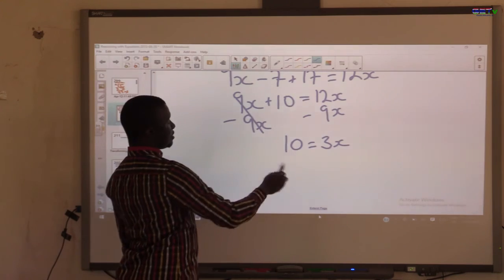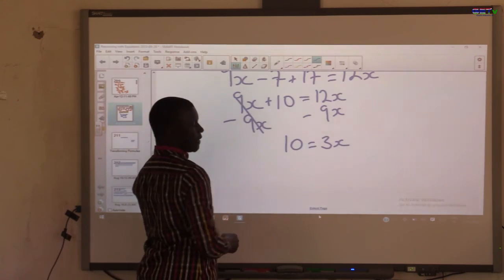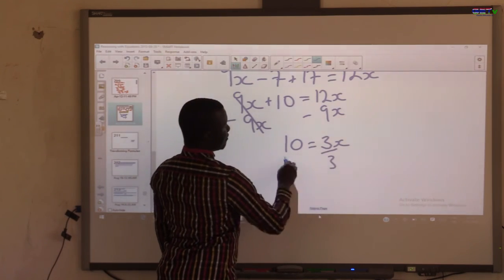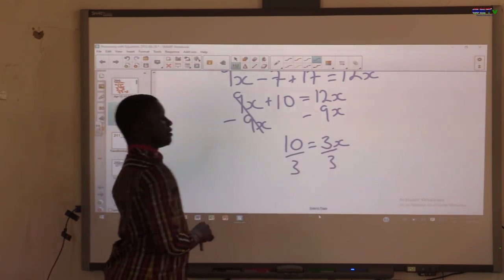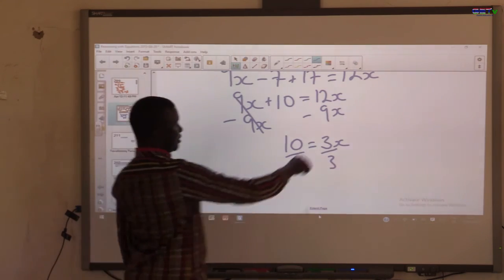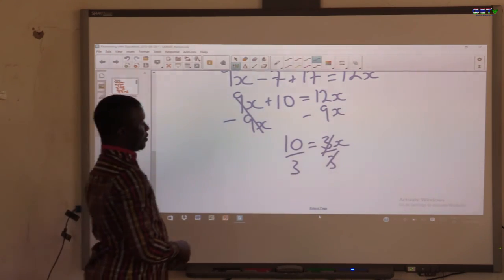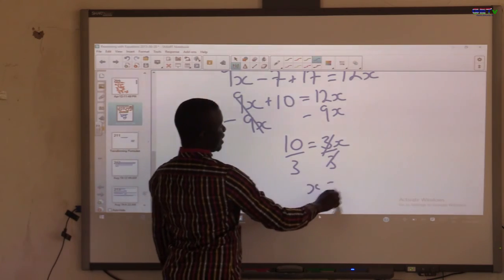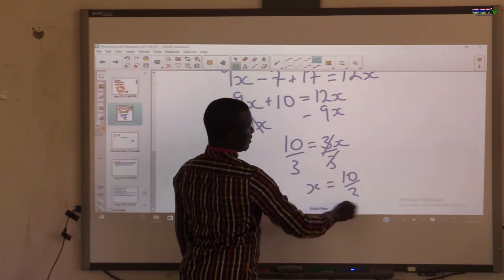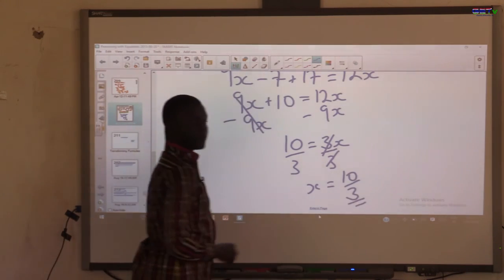To undo the 3, we divide both sides by 3. 3 cancels out 3. So therefore, our value of x here is 10 over 3.